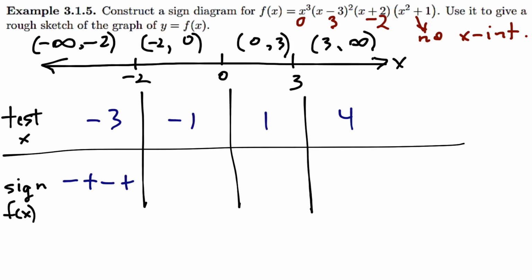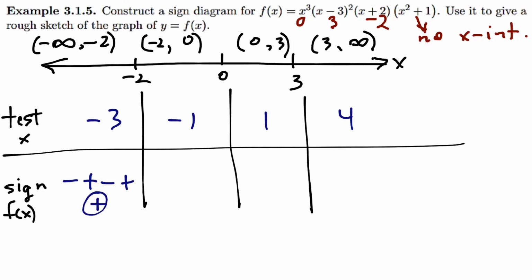For all cases, this last piece is going to be a positive number. Now if I multiply a negative times a positive, I get a negative. Then times a negative gives you a negative times a negative, so that's a positive. So positive times a positive is a positive number for the entire interval.